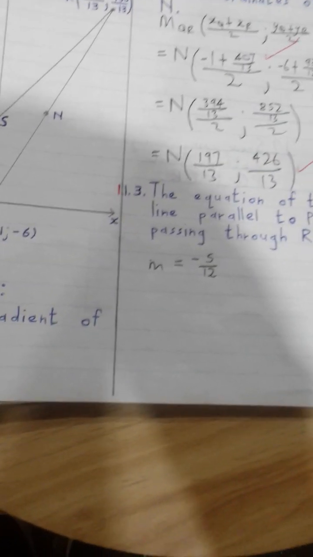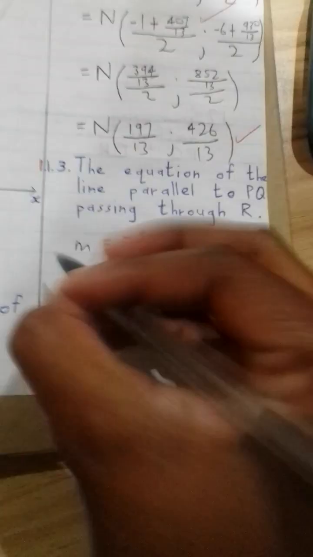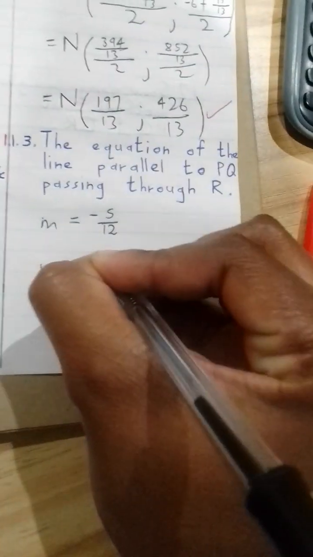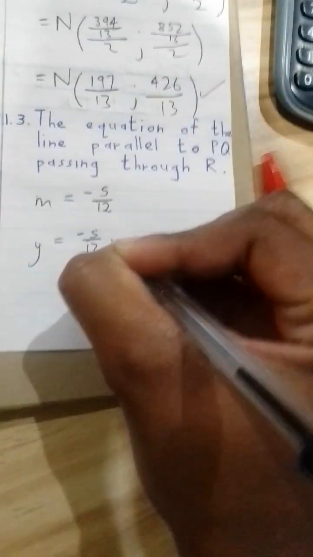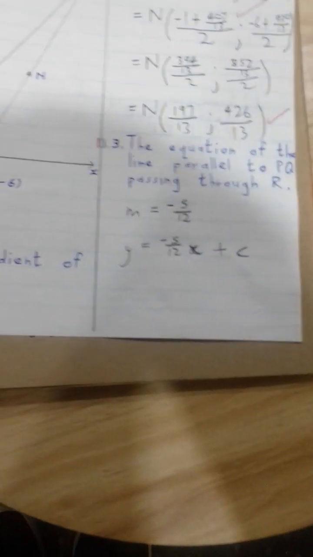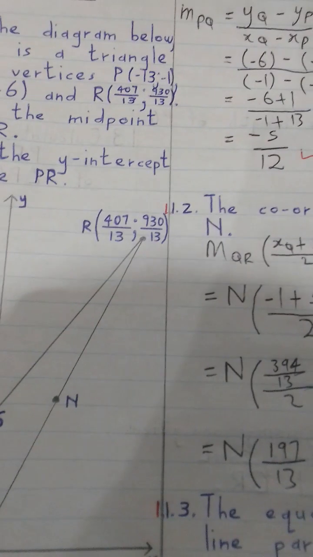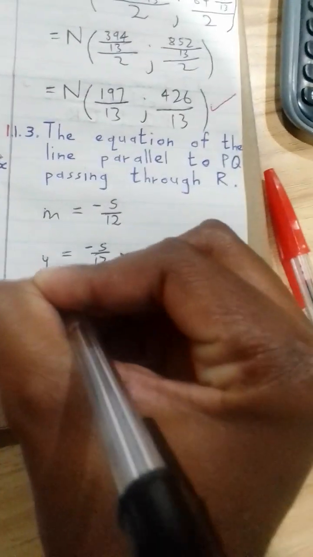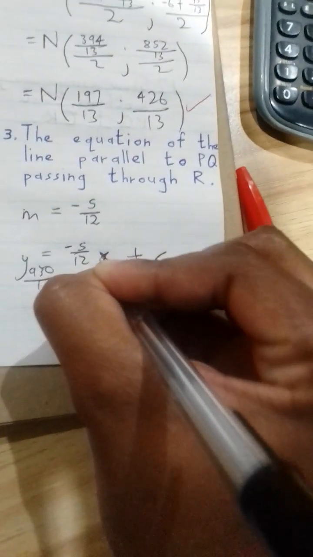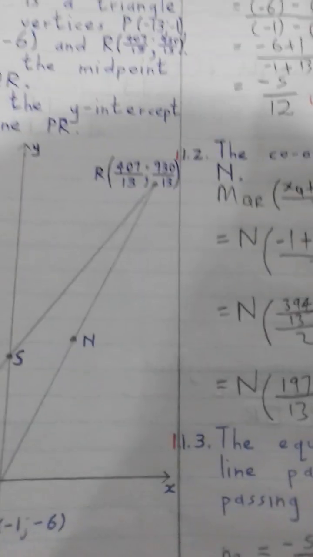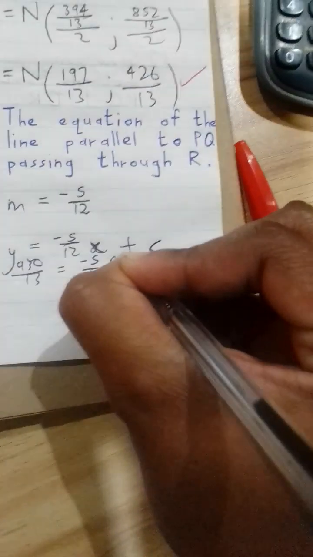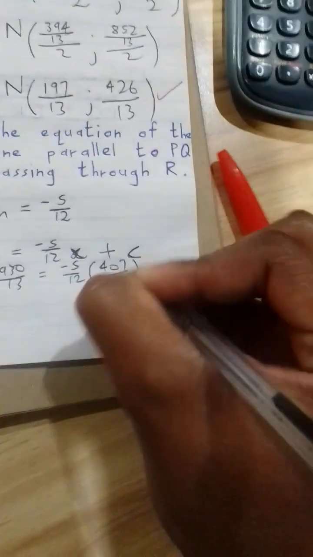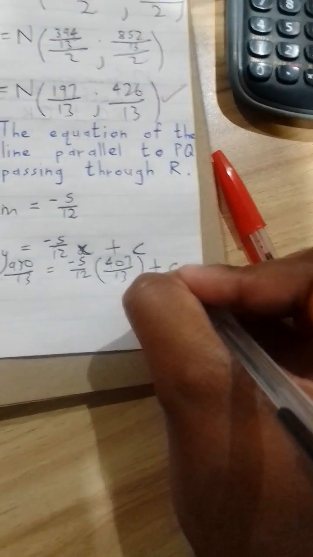Then we're going to use the formula y is equal to negative 5 over 12x plus c. Then we substitute the point R since it passes through it. What is y of R? 930 over 13 equals negative 5 over 12 times x, which is 407 over 13, plus c.